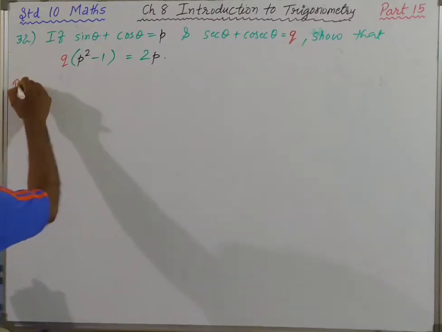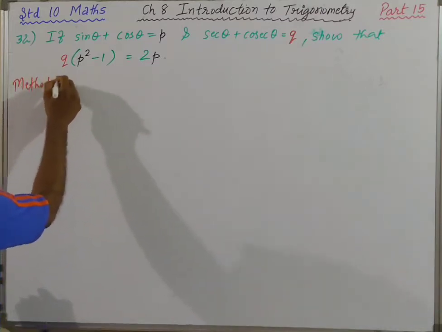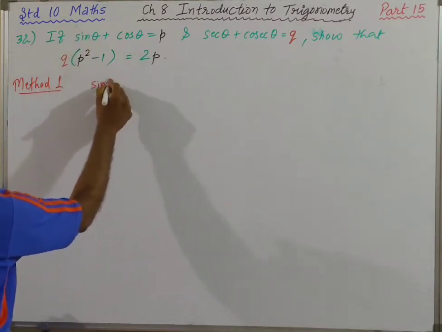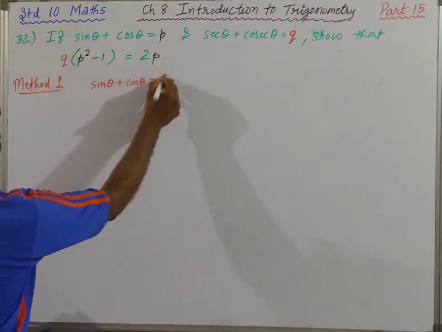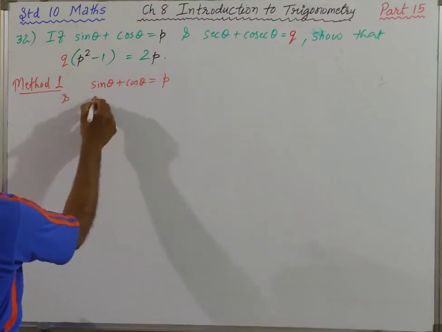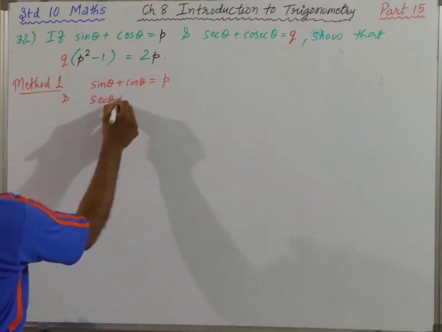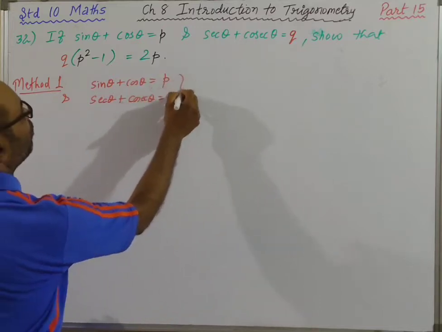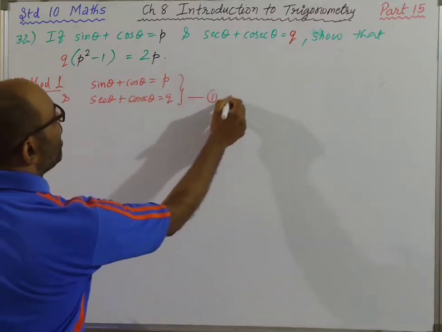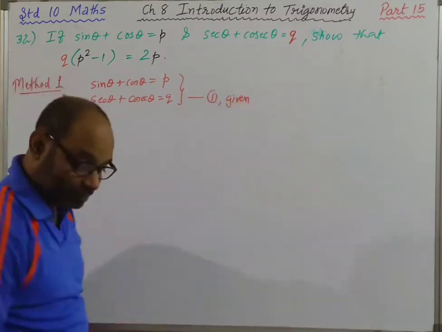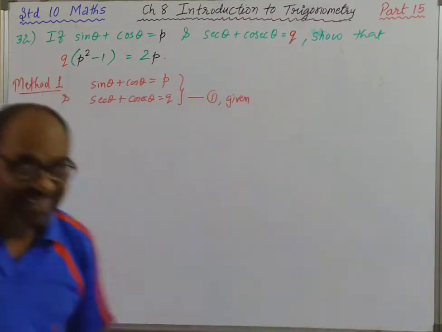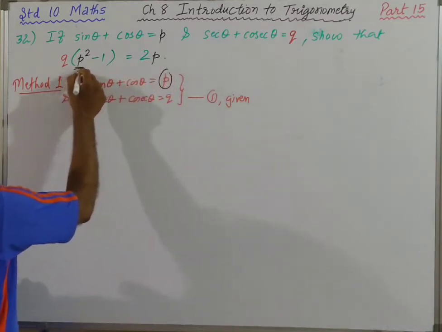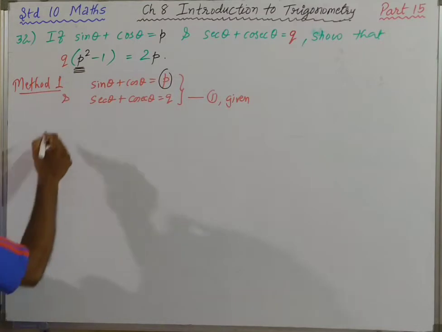Let's see, children. Method 1. Sine theta plus cos theta is equal to P, and sec theta plus cosec theta is equal to Q. I'm going to call it 1, and this is given. Now here is P. First I will get P square.